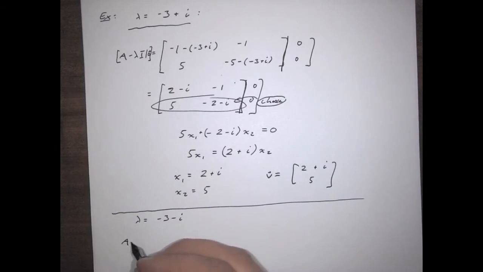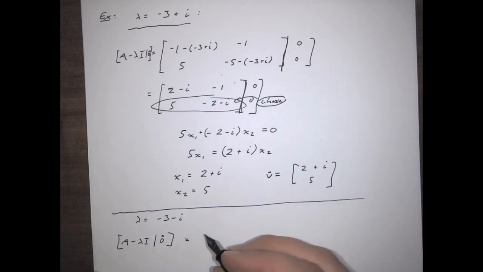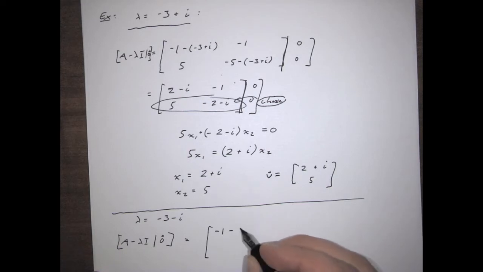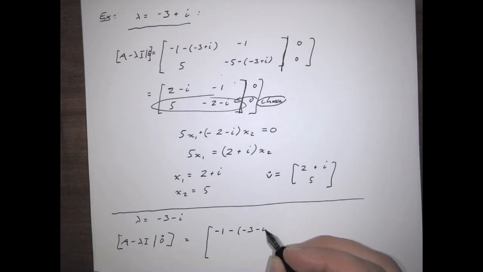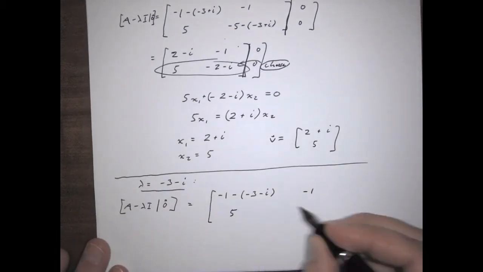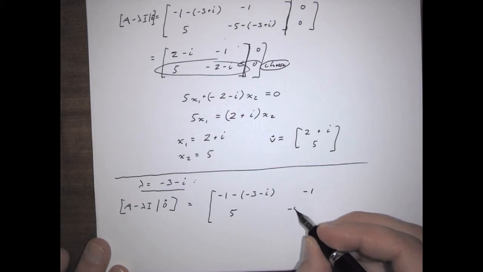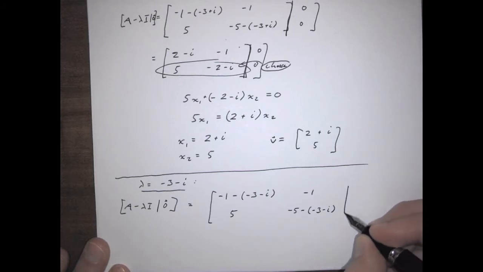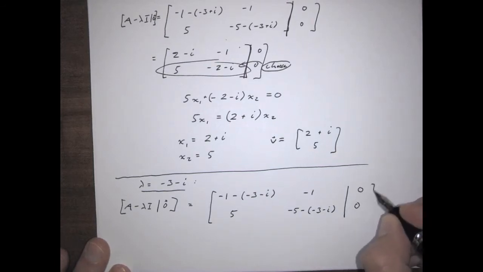So now A minus lambda I, augment 0, and so what we'll have here is negative 1 minus negative 3 minus i, negative 1, 5, negative 5 minus negative 3 minus i, 0, 0.